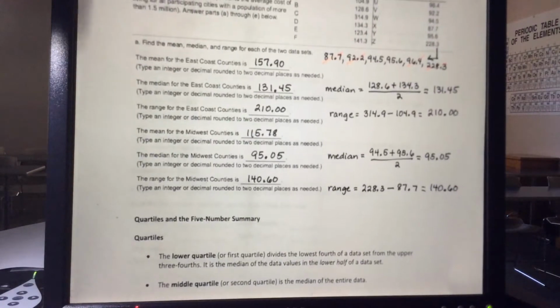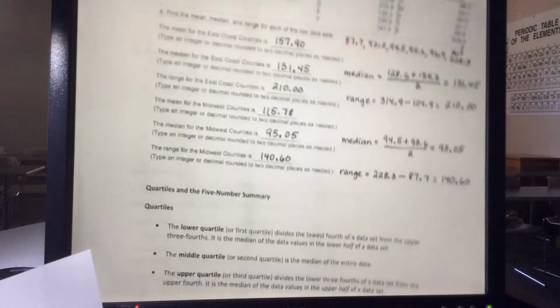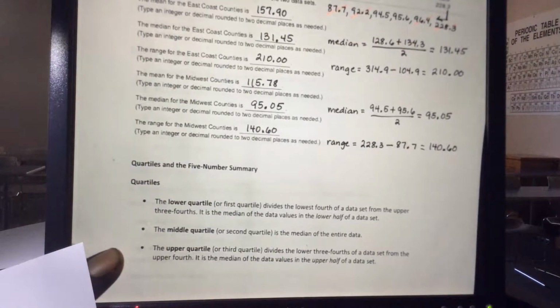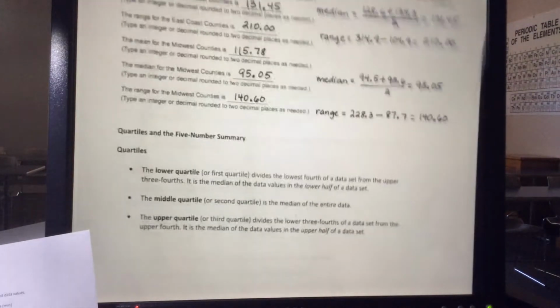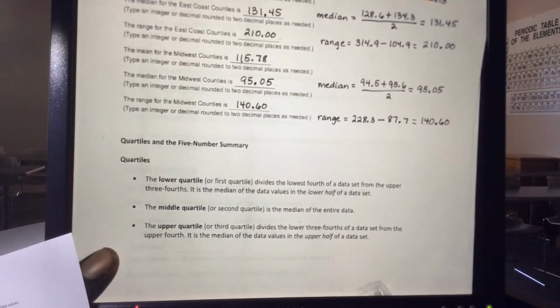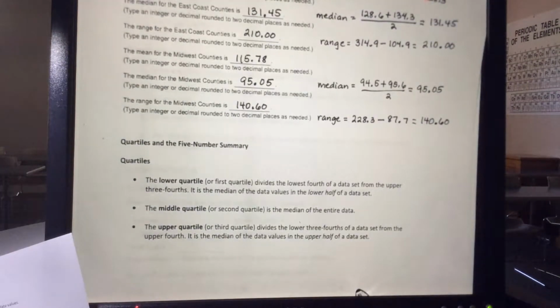Next we'll look at quartiles and the 5-number summary. Okay, the lower quartile or the first quartile divides the lowest fourth of the data set from the upper three-fourths. It is the median of the data values in the lower half of a data set.